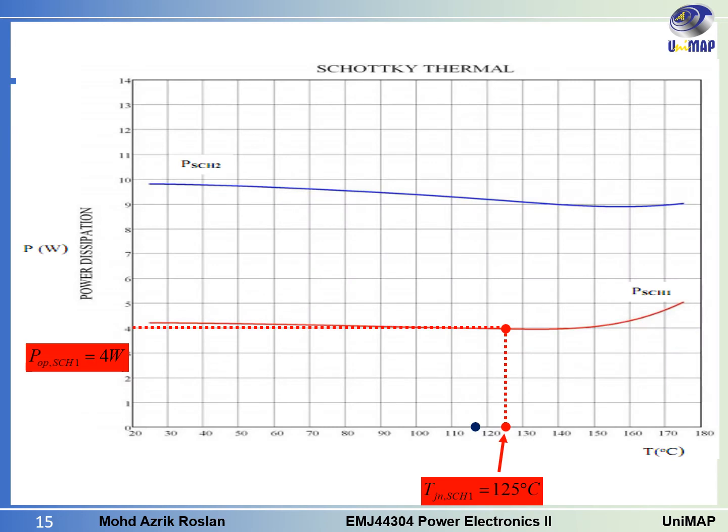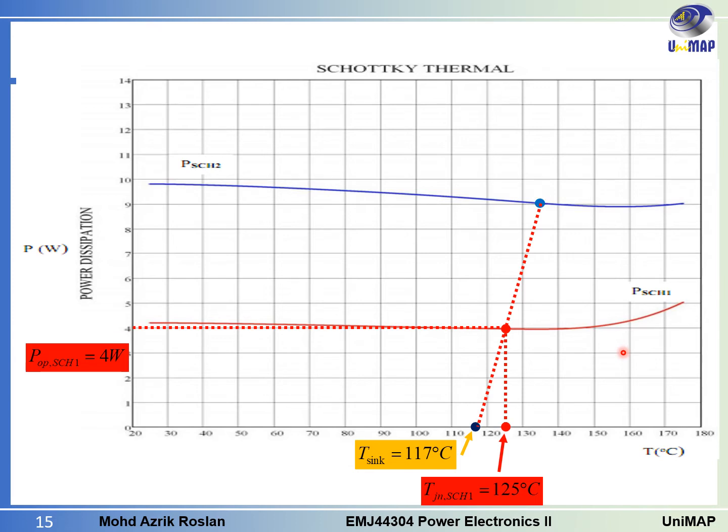So like before, we draw a T sink line, we mark at this 117, and we can draw a straight line from here to this point, because the thermal resistance is the same for Schottky 1 and Schottky 2, because they are the same component.